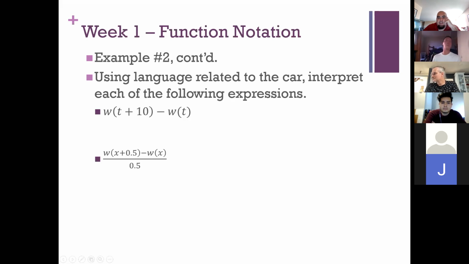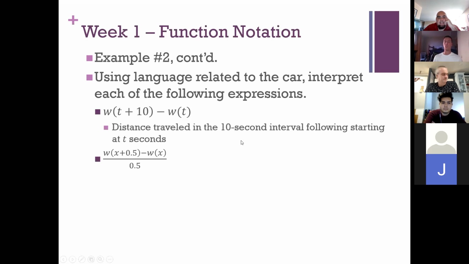Anyone have any disagreements with that? Doesn't seem that way. Yeah, that's absolutely right. So the distance traveled in the 10-second interval starting at t seconds. Right, there's another edit that has to happen. So distance traveled in the 10-second interval starting at t seconds.